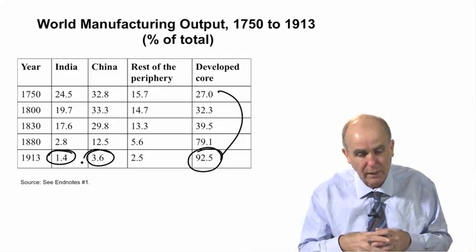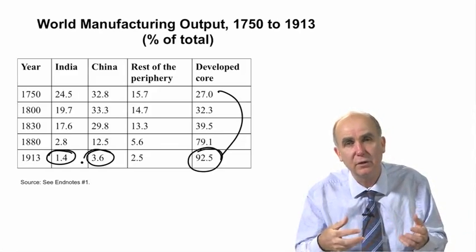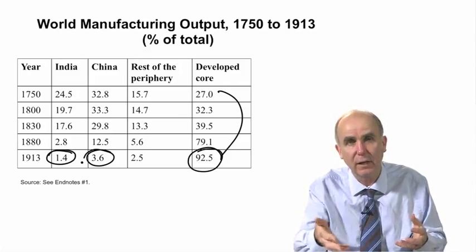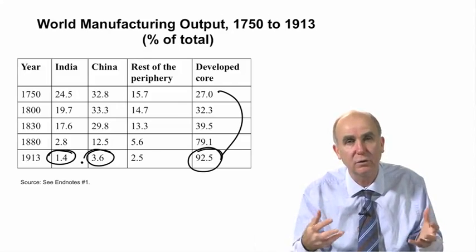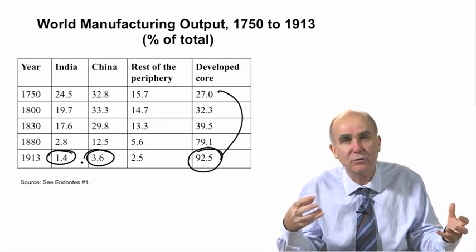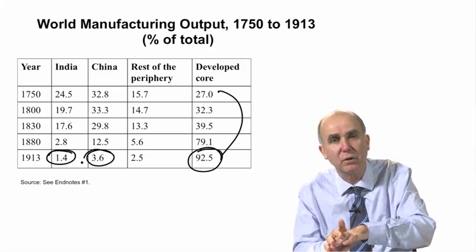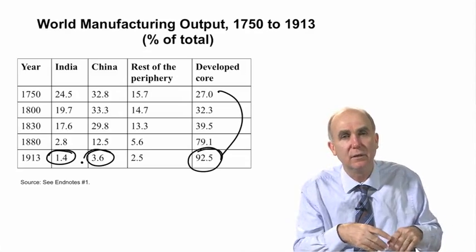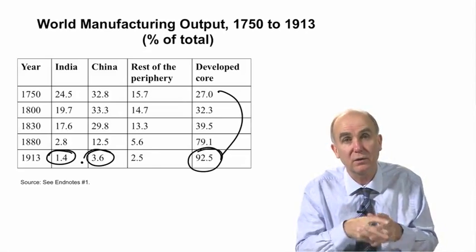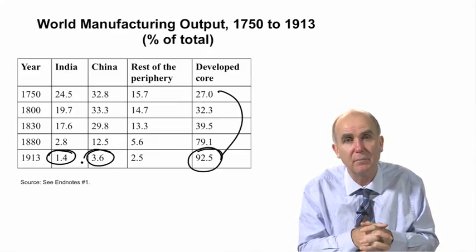3.6%. What's happened in the meantime is that you've obviously had the Industrial Revolution, which has raised the relative capacity of the developed core to produce manufactured goods, lowered the cost at which they can do that, and then the expansion of international trade has given them the capacity to sell that output to other parts of the world and to compete against India and China in selling to the rest of the world, or selling to India and China as well against Indian and Chinese manufacturers.